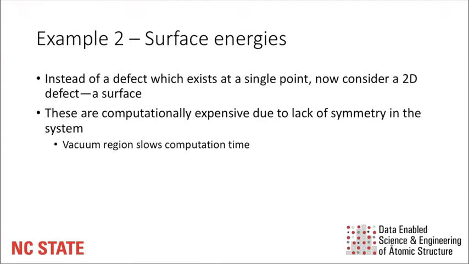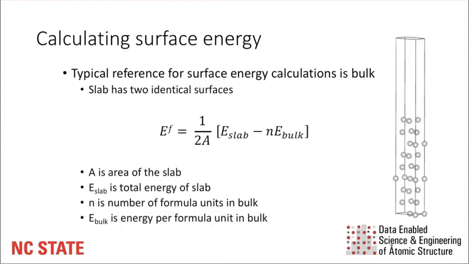So instead of thinking of a defect that exists at a single point, consider a 2D defect or a surface. These are computationally expensive due to lack of symmetry in the system, as a vacuum region slows computational time. And I'll show that in the next slide. So this is what a typical surface energy calculation may look like, where you have this slab of a certain material and this vacuum region.